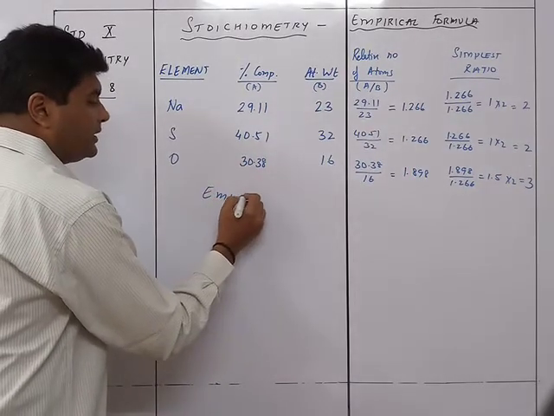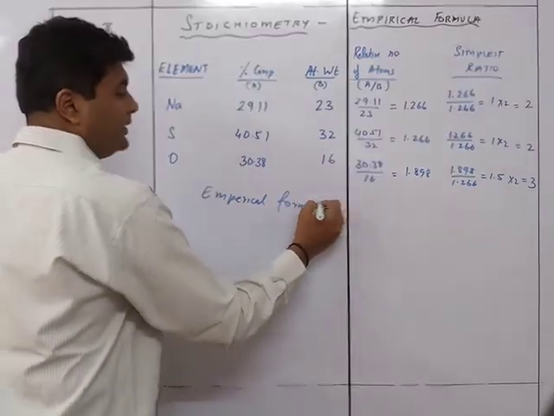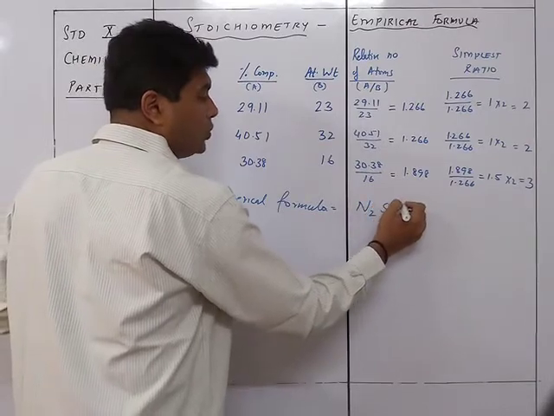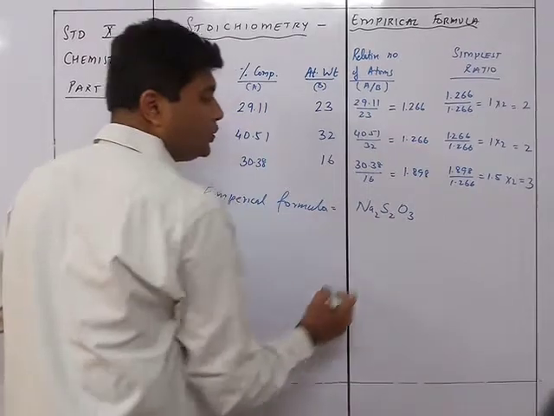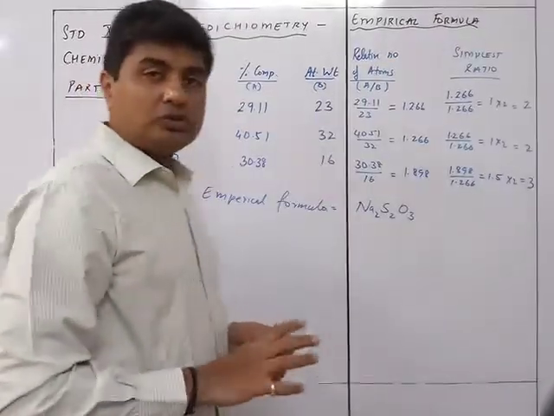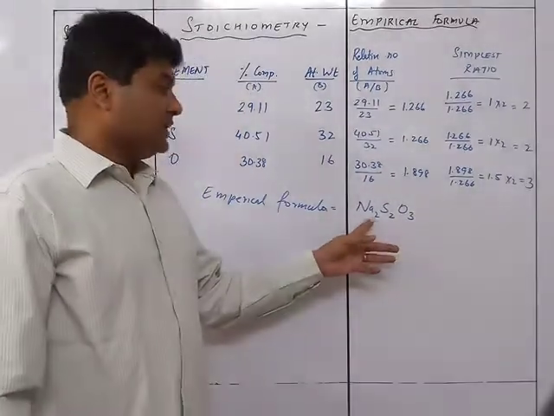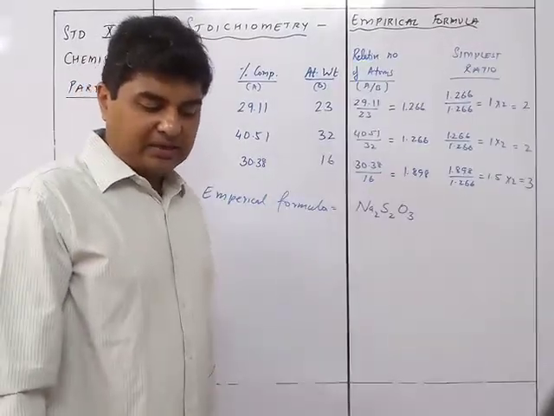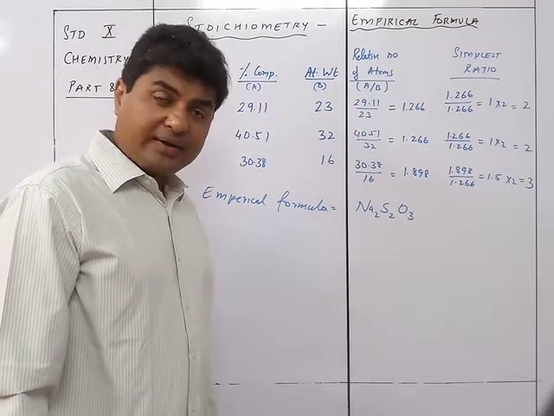The empirical formula is Na2S2O3. Sorry, I said it wrong, it is Na2S2O3. What is that? Sodium thiosulfate. So we see over here Na2S2O3 is the given empirical formula. Did you understand this one?